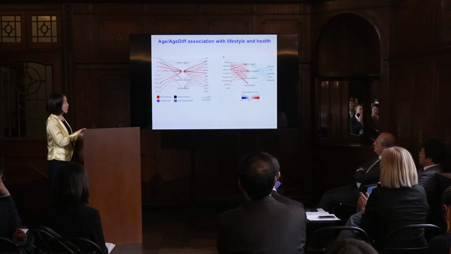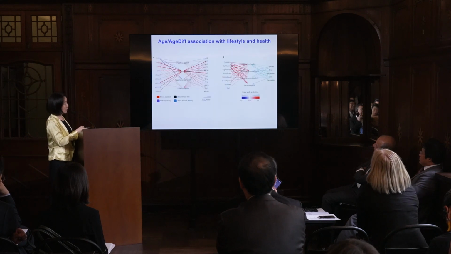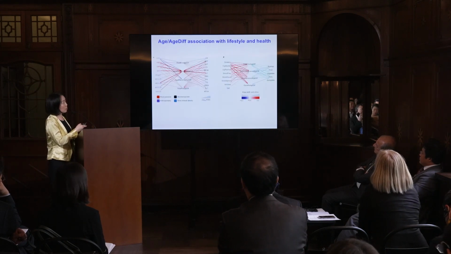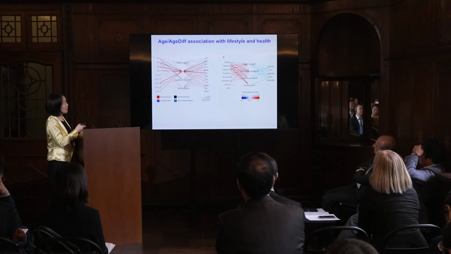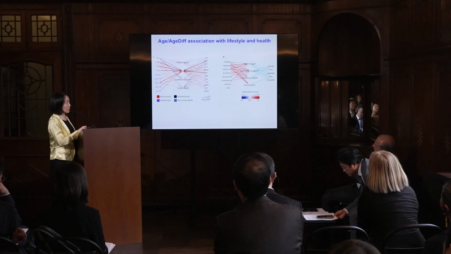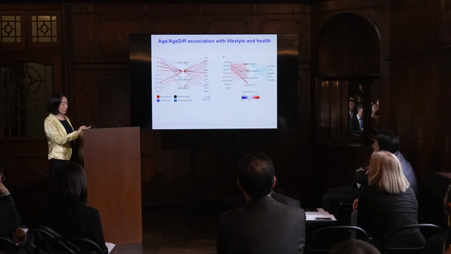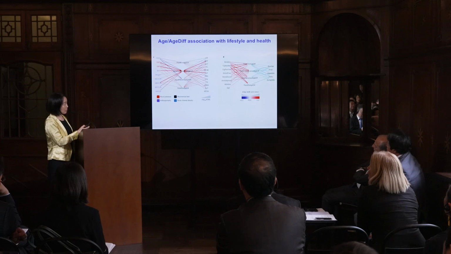And you can see here this CNN perceived age is associated strongly with many health parameters, in particular BMI, weight, all of those bad parameters. And also, it associates with many bad lifestyles, such as smoking and snoring.